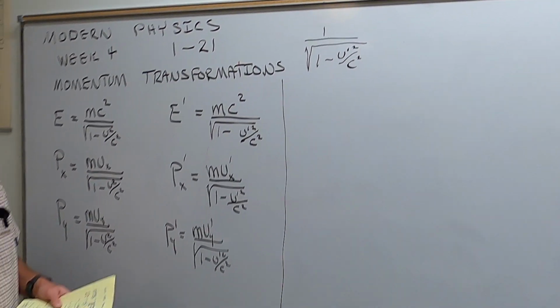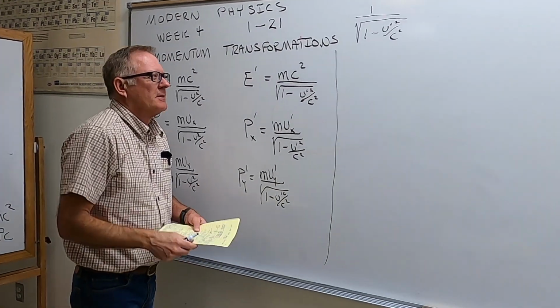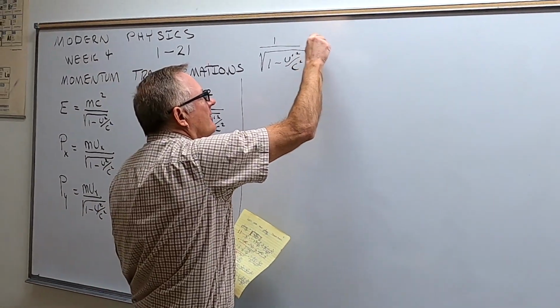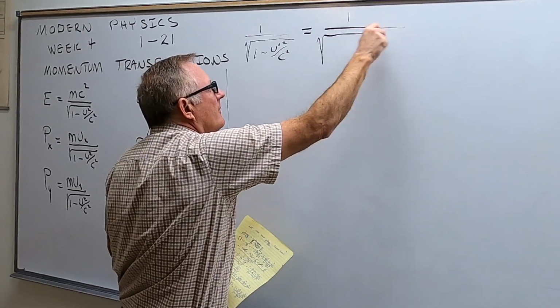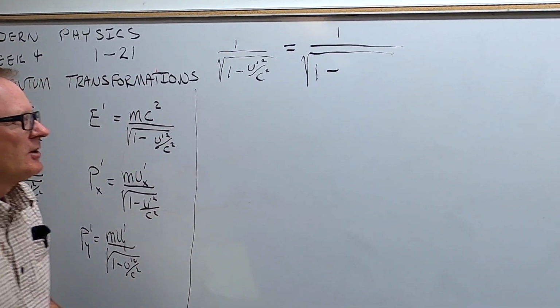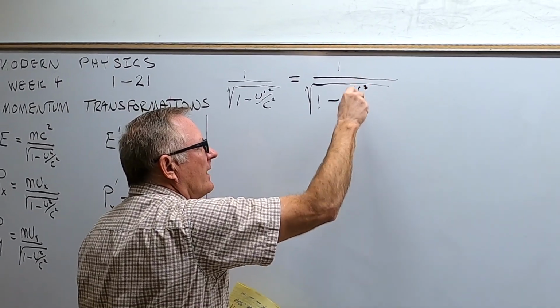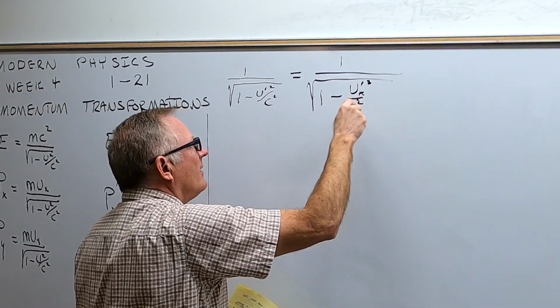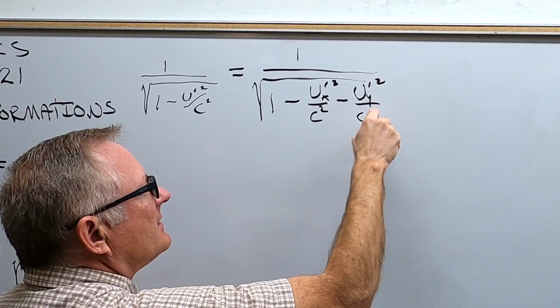And let's just take away all the primes and see what it becomes. So that is equal to 1 all over the square root of 1 minus ux prime squared over c squared minus uy prime squared over c squared.